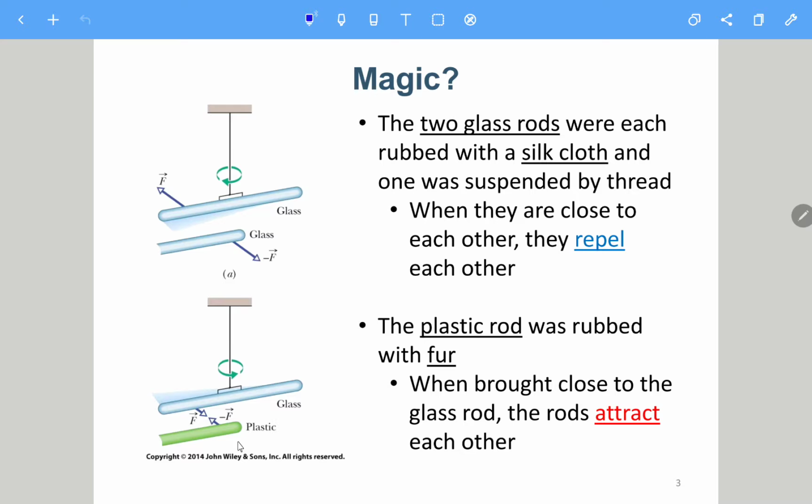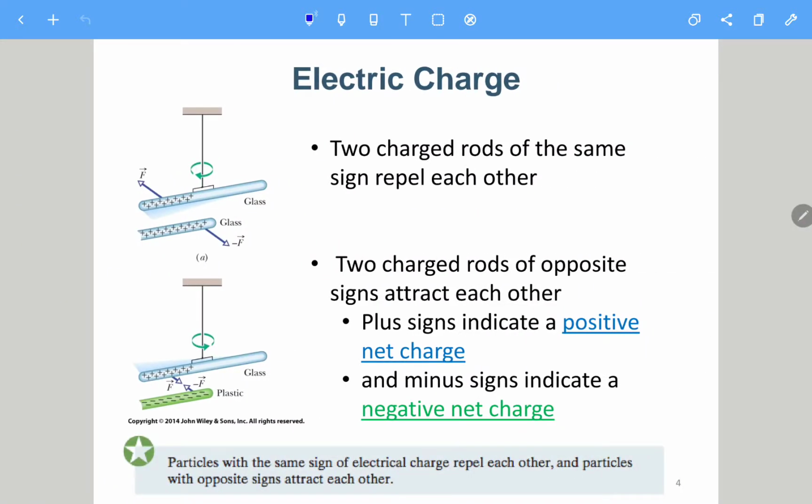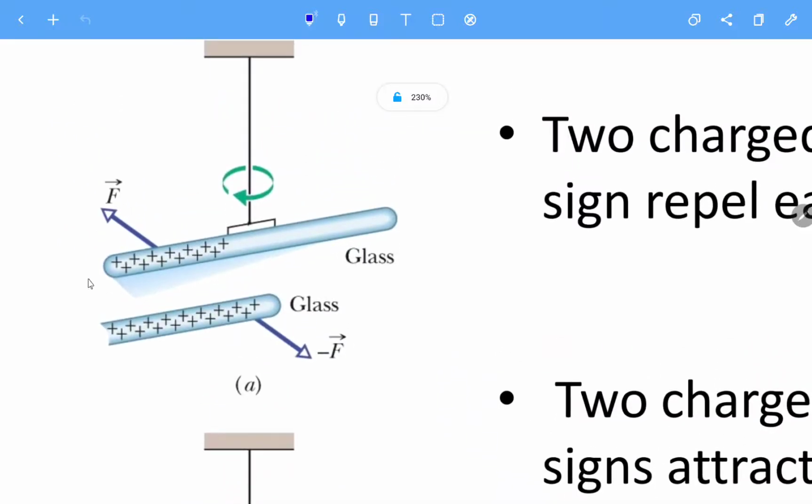Then the physicists should try to explain why it will be like that. Okay, so they try to explain it like we have 2 polarities of charge. So for the glass, if we rub it with the silk cloth, then there will be positive charge on this glass rod and also this one.